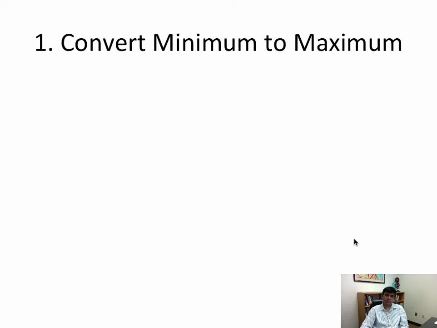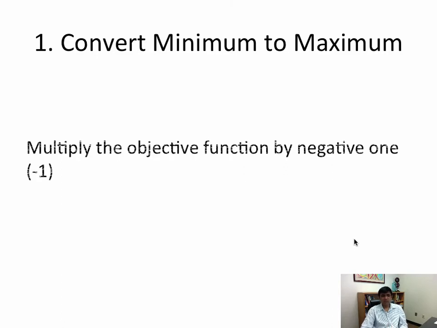So let's look at the first one. We have to convert a minimum to a maximum. The solution is simple. All we do is multiply the objective function by -1. If the problem requires us to find the minimum value, multiplying by -1 and solving for the maximum value will still give you the answer to the minimum.